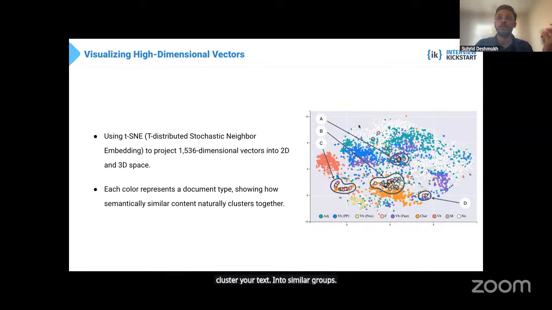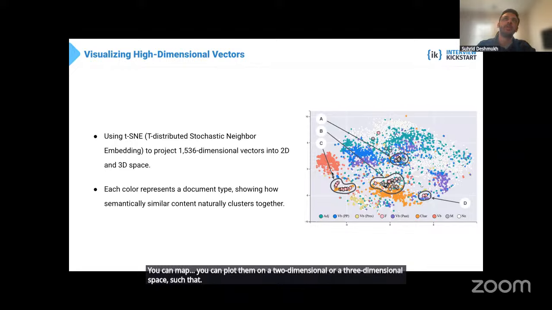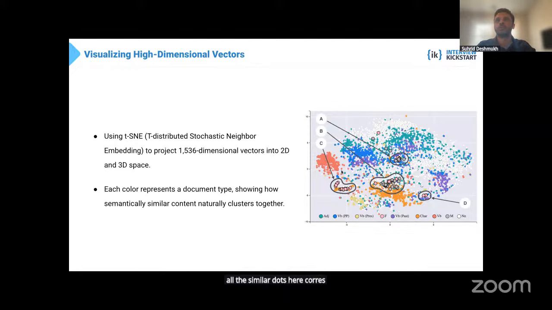For example, the graph on the right shows if you take some documents and convert them into vector representations, with each vector having a high dimensional space, you can plot them on a two-dimensional or three-dimensional space such that all the similar dots correspond to, say, all the verbs in the documents.